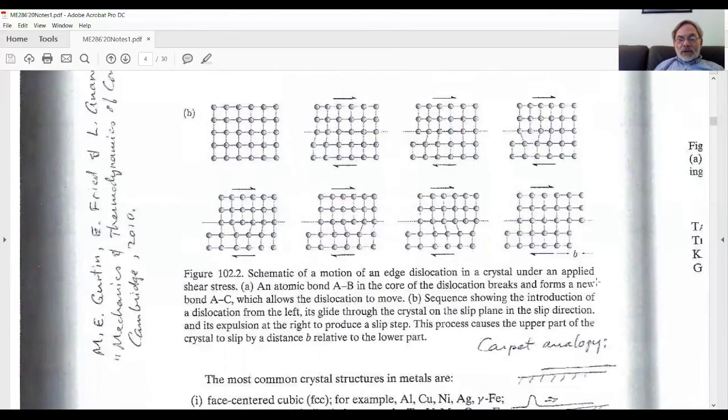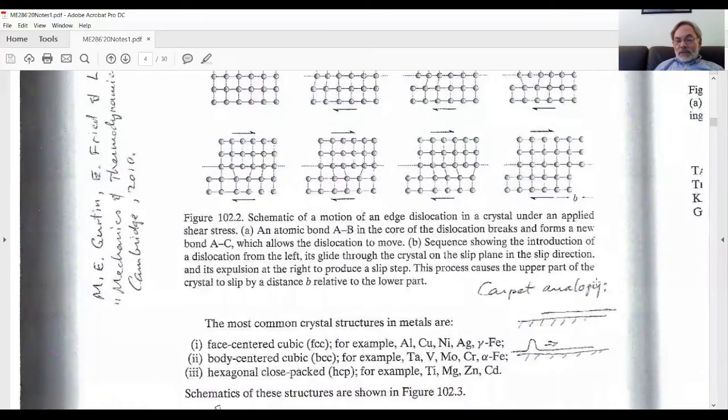And the basic reason can be understood through an analogy with a carpet or a rug. For example, suppose you have a carpet sitting on a floor, and you wish to displace the entire carpet to the right by a certain amount. This is analogous to one layer of atoms sliding over the other layer in the crystal.